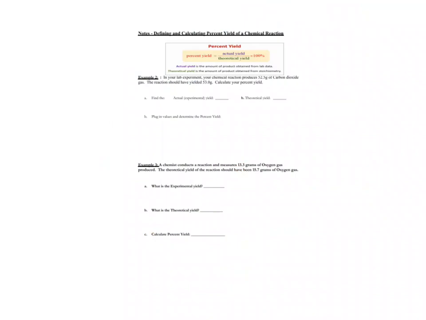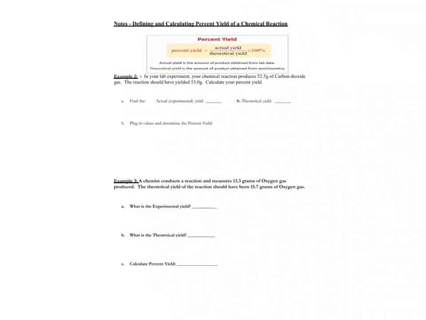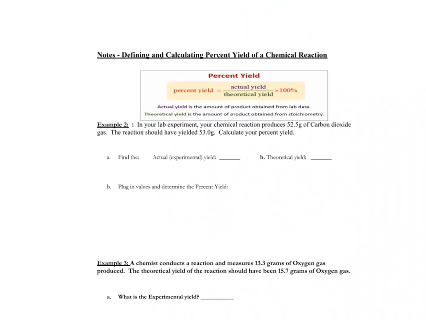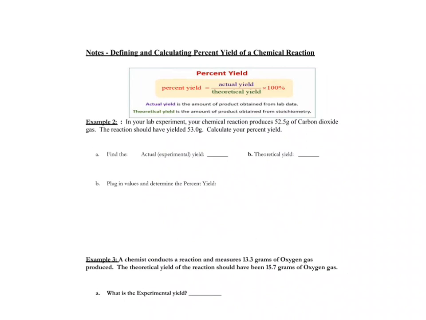All right, moving on. Let's look at a second example here. It says your lab experiment, your chemical reaction produces 52.5 grams of carbon dioxide gas. The reaction should have yielded 53.0 grams.